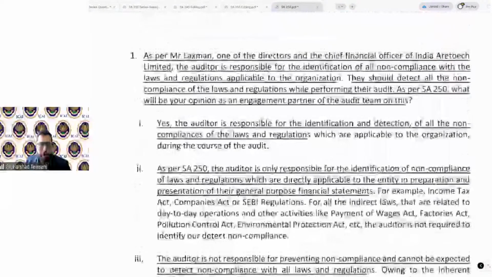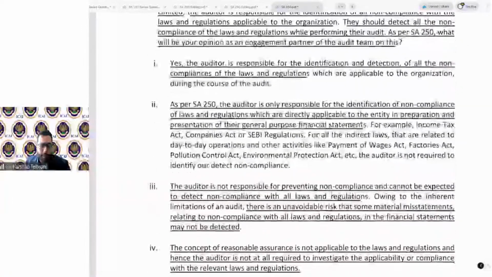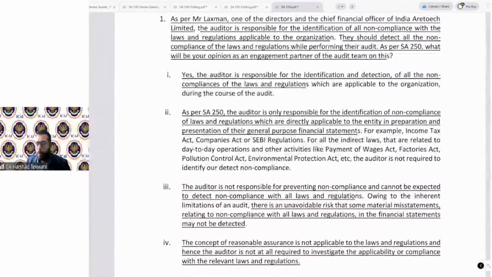So what could be the correct answer as per your opinion? Come on, guys. With respect to the laws and non-compliances, what is the responsibility of an auditor?